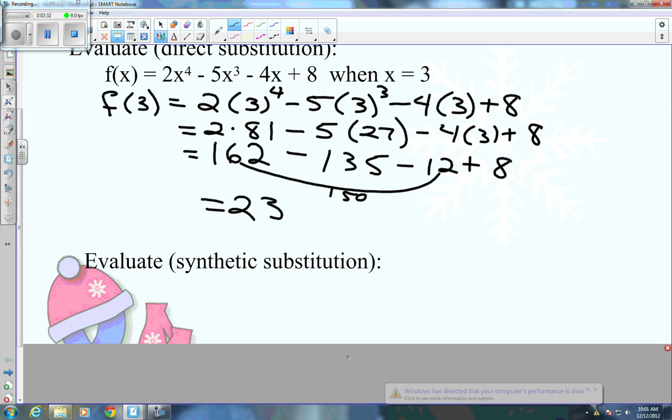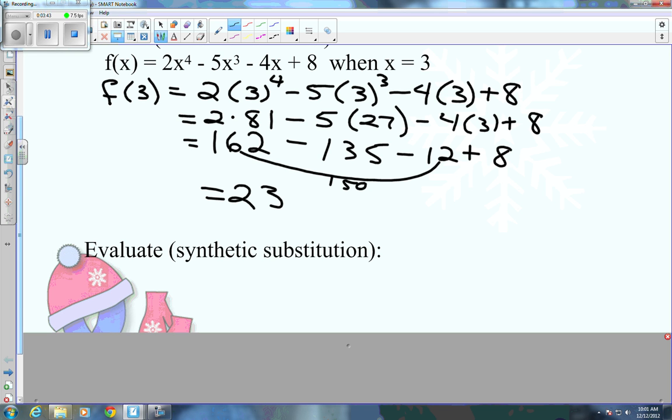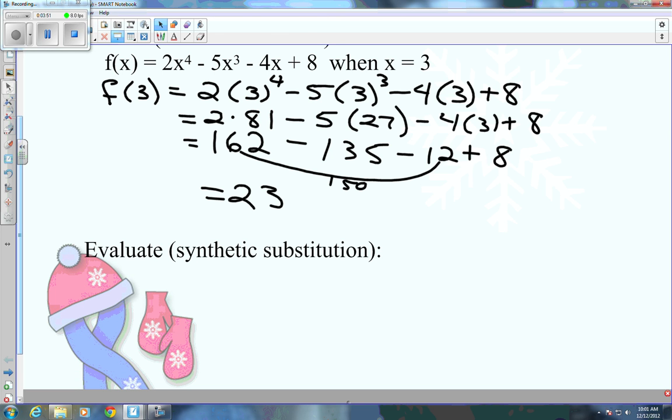It's called synthetic substitution. And it's very closely related to what we did yesterday. In fact, we're going to use that. So I'm evaluating this function when x equals 3. So I'm going to set up my synthetic substitution just like I did before. I'm going to put a 3 here.